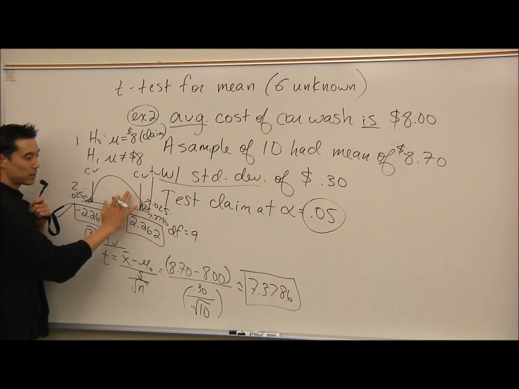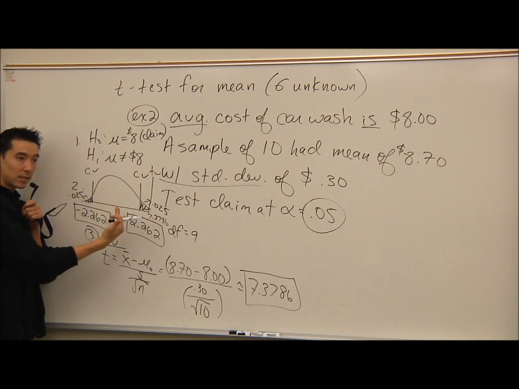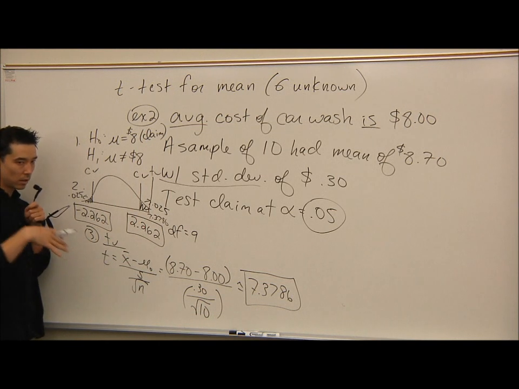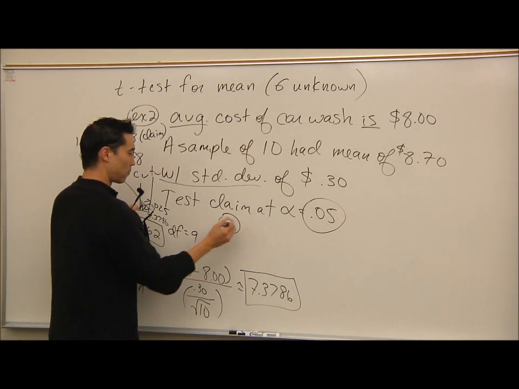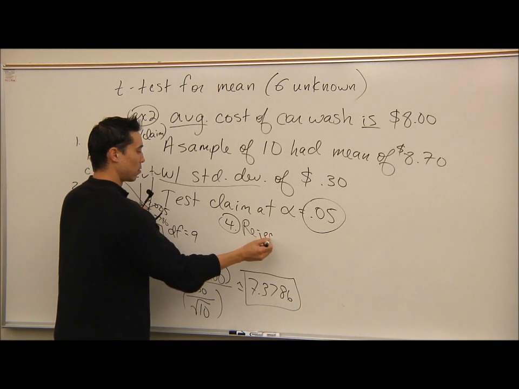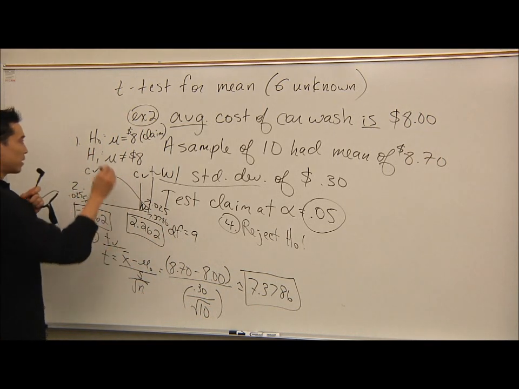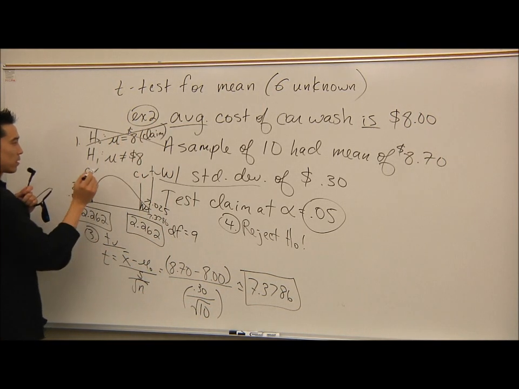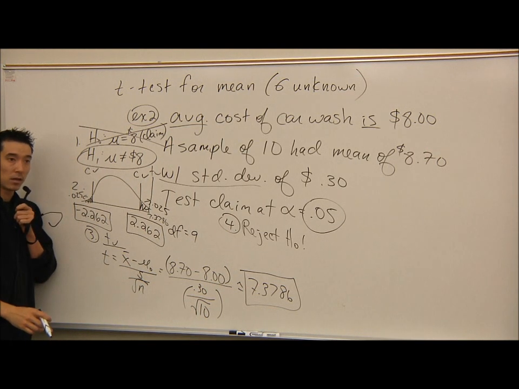So clearly, it's well inside my rejection region. If my test value falls in my rejection region, step 4, I reject H0. So I come up here and I'm rejecting H0, putting a big cross through that, and I'm going with H1. Mu is not $8.